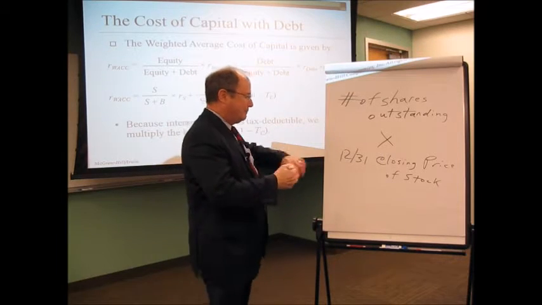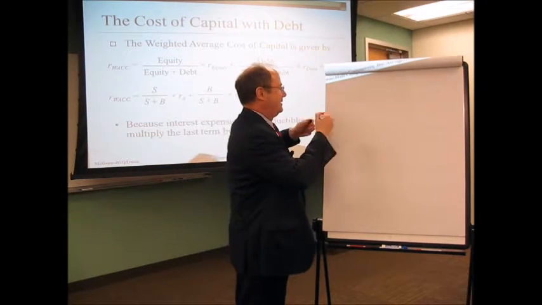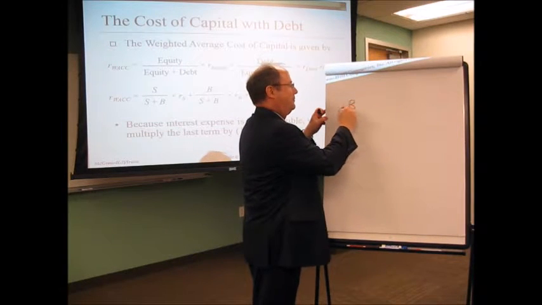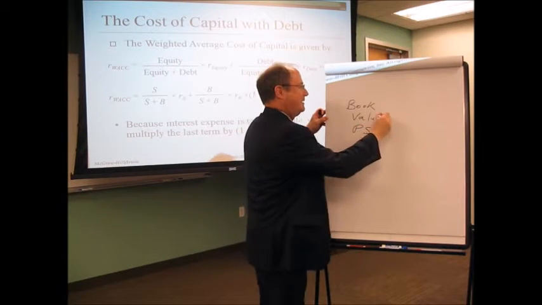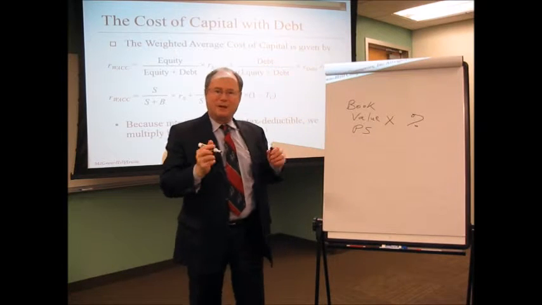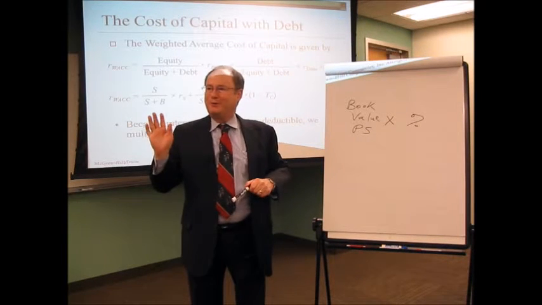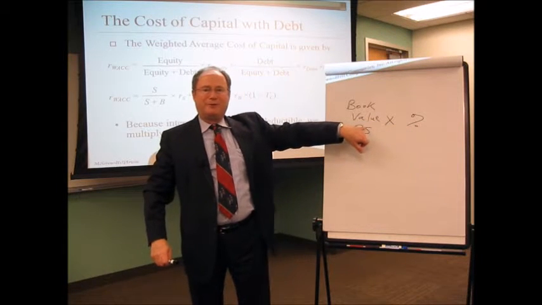If you had preferred stock, you would simply add into that the book value of the preferred stock times the coupon rate, whatever that interest rate is, and that's also in the footnotes to the financials, the coupon rate of the preferred stock.